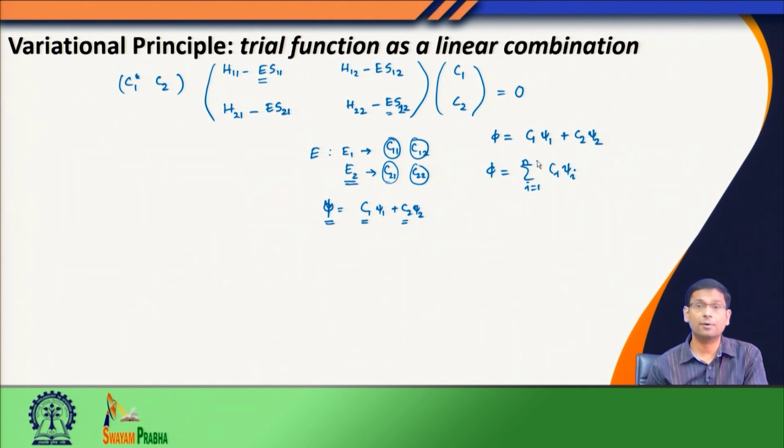For even larger numbers, close to a million or several millions, there are several different techniques to diagonalize those large matrices. But as long as I have defined this matrix and can diagonalize it, I will get the energies and these coefficients, and then I have an expression for the trial wave function phi and the energies.